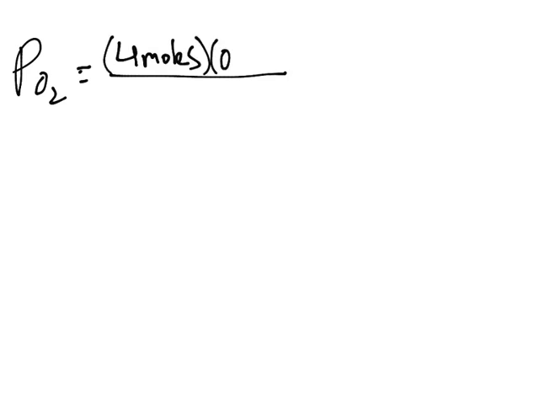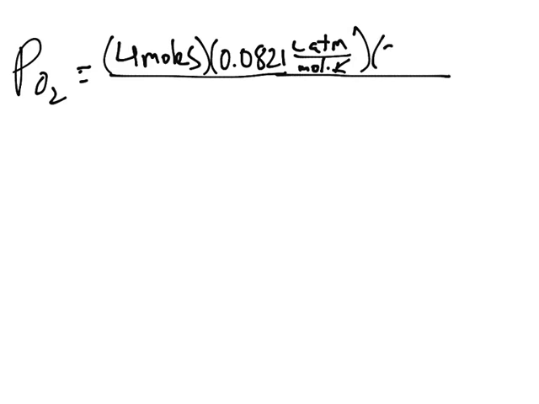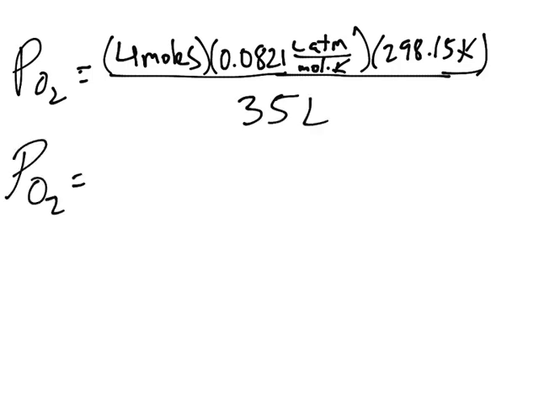Our constant is 0.0821 liters atmospheres per mole Kelvin, and then our temperature, 298.15 Kelvin, and it was all divided by 35 liters, which is the volume. So our partial pressure of oxygen is 2.79 atmospheres.